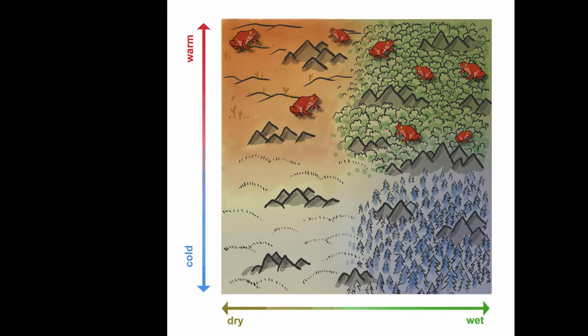So the idea here is, let's say you've got allopatric speciation. You've got this species of frogs, and some vicariance event happens that splits them in two, or you've got some long distance dispersal to a new habitat, and then over time, these two separate populations evolve to be different.